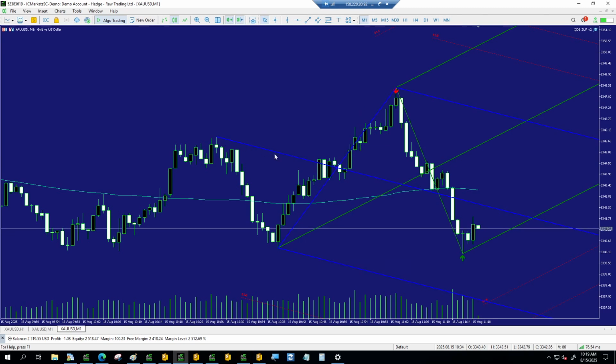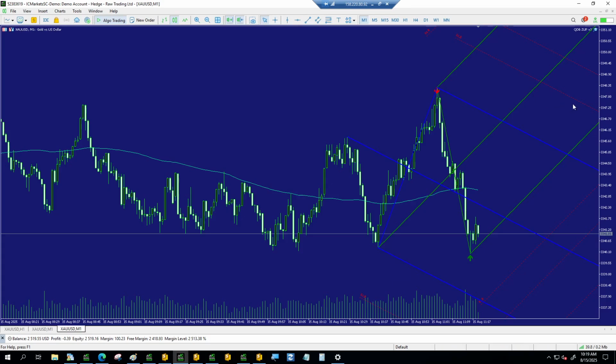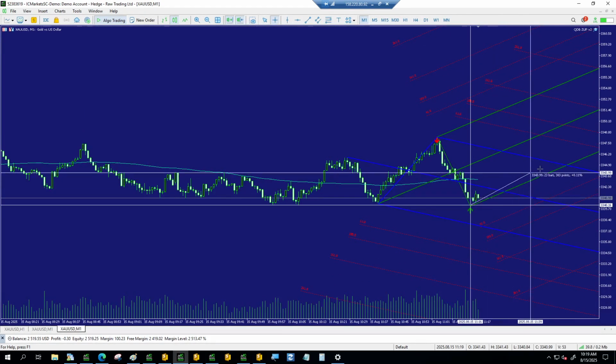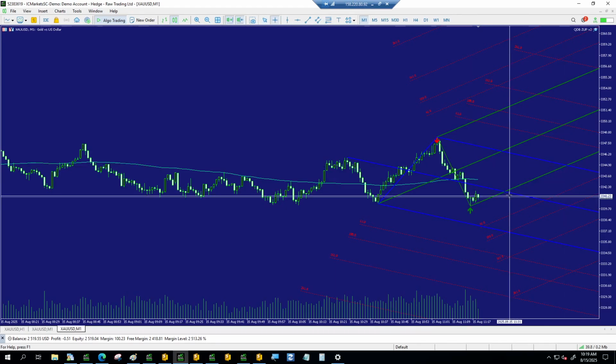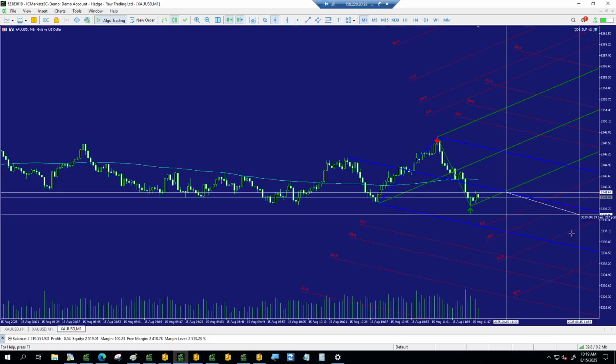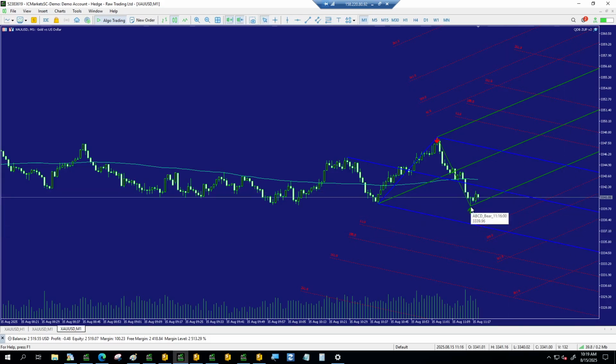And so we've got a descending pitchfork and an ascending one here. So if we break this green line, it will mean that we're in this main pitchfork here, and we're going to be in this bit here. We're going to start doing ABCDs in this bit, but currently as it stands, we can hold.